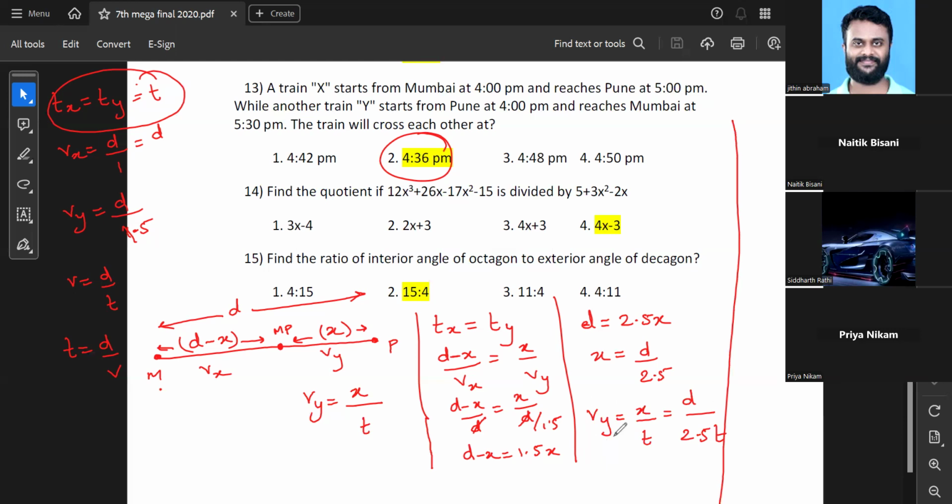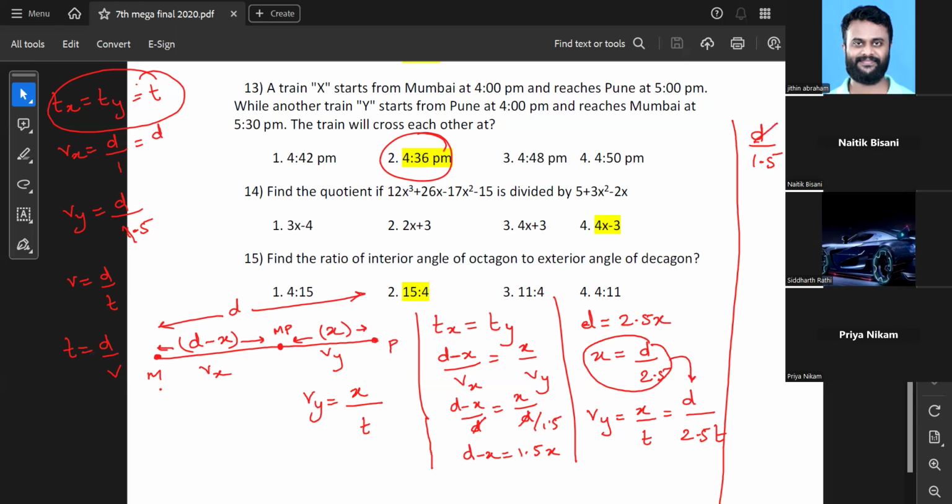Yes, sir. Sir, how did you get D upon 2.5 T? x is equal to d upon 2.5. Okay, instead of x, I substitute d upon 2.5. Now instead of Vy, I will substitute this d upon 1.5. So on the left hand side, instead of Vy, I will substitute d upon 1.5. On the right hand side, I have d upon 2.5t.